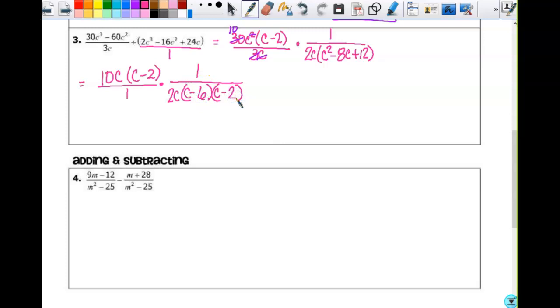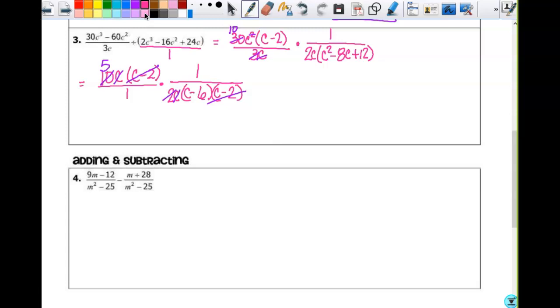So now that I have everything fully factored like that, I can reduce this. This c cancels out with this one, and the 2 goes with the 10 and leaves me with a 5. And when you're canceling out, make sure that you can still see what's actually there. That's why when you're doing your work digitally, you're at an advantage where you can use different colors like I do.